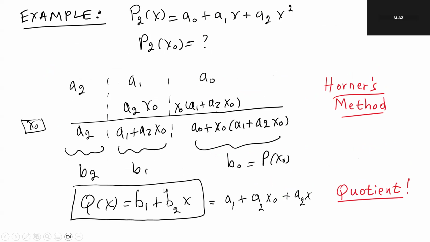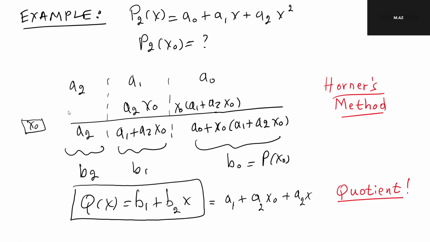In this example and the next example, I try to show how to find the derivative of the polynomial function based on the Horner's method. Look at this polynomial function. The highest order is 2. We write all the coefficients from the highest to the lowest order: a2 for x squared, a1 for x, and a0 as a constant value.